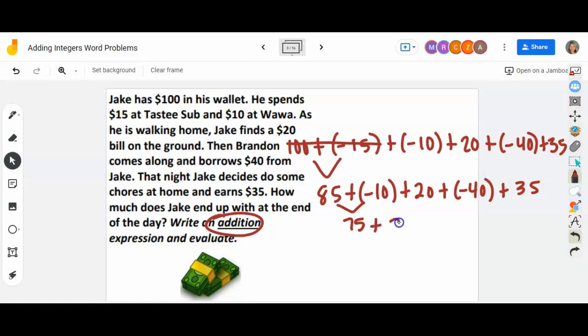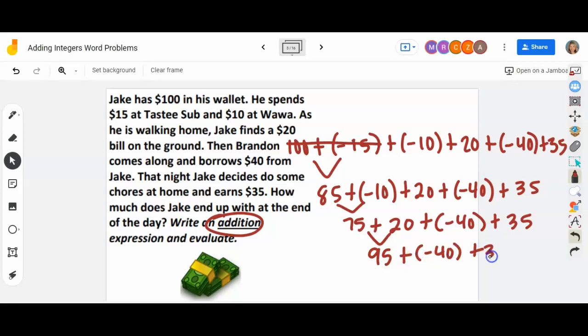Bring everything else down. My next 2 numbers are 75 plus 20. That's basic math. 75 plus 20 is 95. Bring everything else down. I'm solving 2 numbers at a time, and all I'm doing is carrying everything else down. So I continue going until I'm left with 1 number.